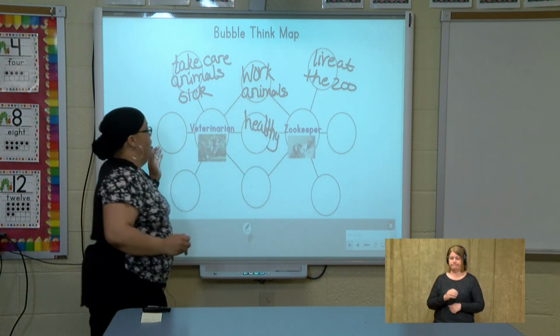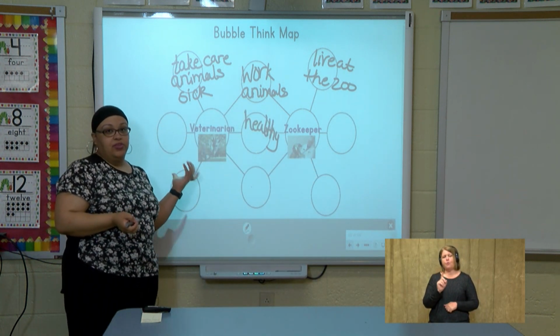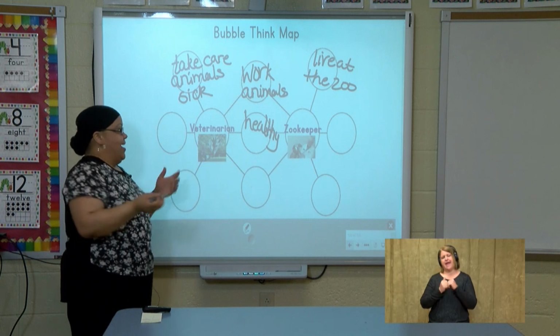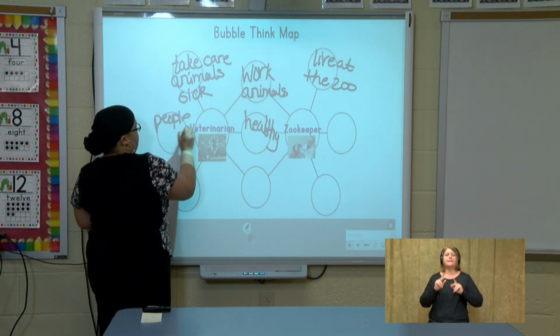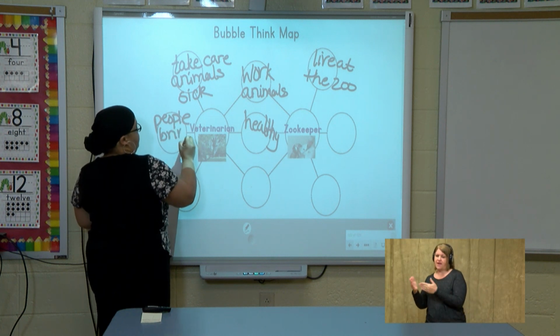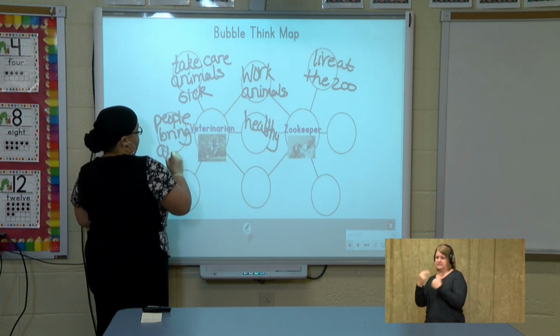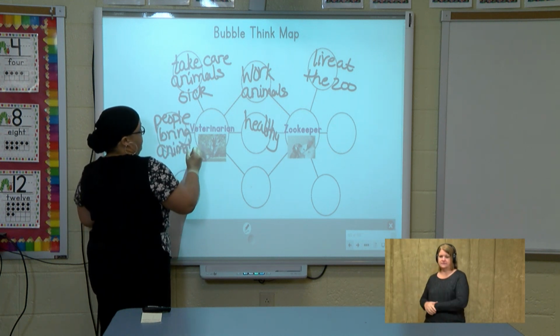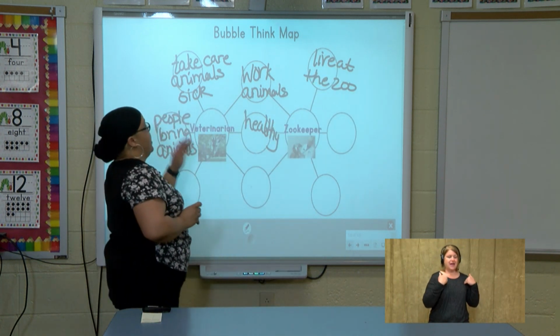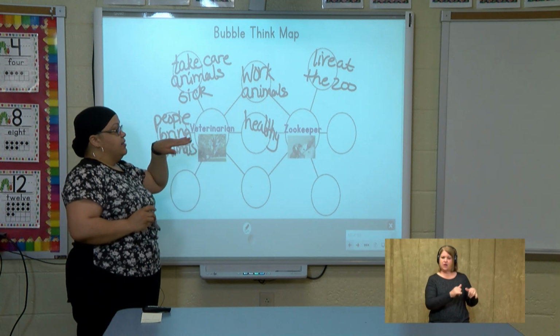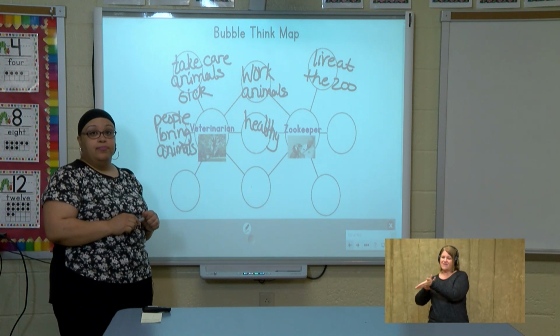All right, where do the animals come from for the veterinarian? They have to bring. So people bring their animals. At the zookeeper, they live there. What's another way that a veterinarian is different from a zookeeper?